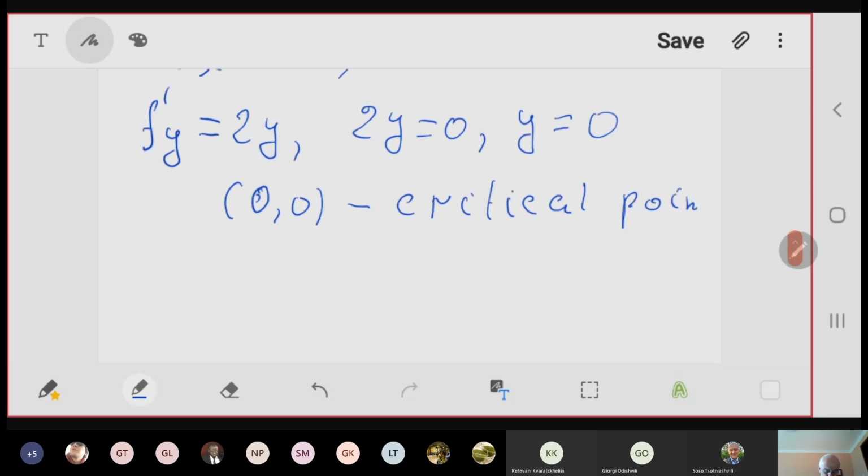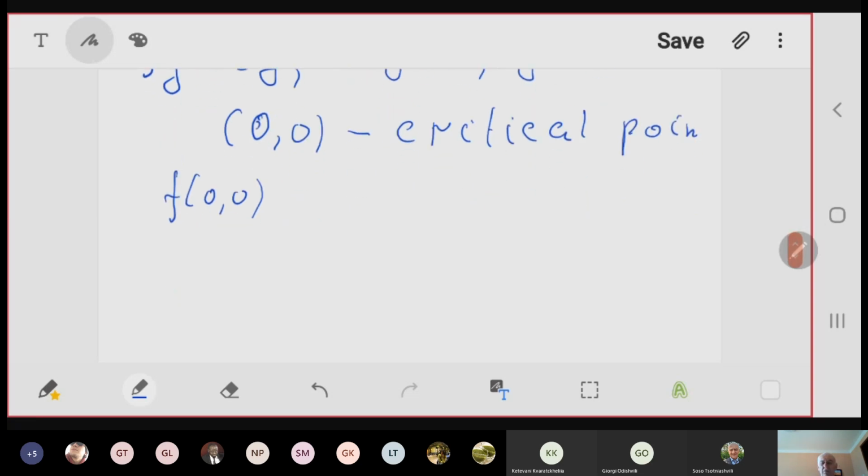But we don't know whether f(0, 0) is a local maximum or a local minimum. We don't know yet, but we will try to determine it, and to determine it we should continue our research about this critical point.